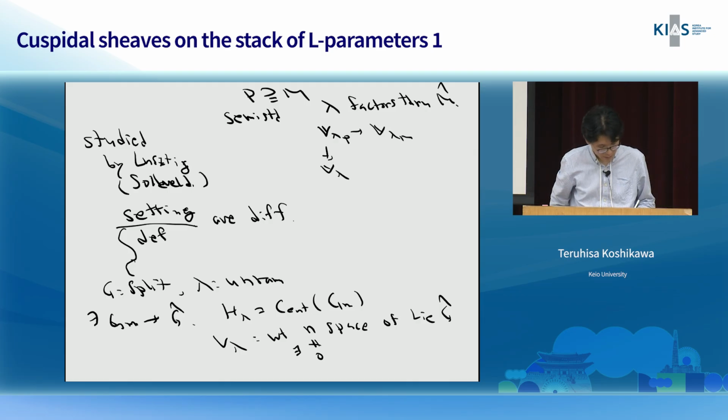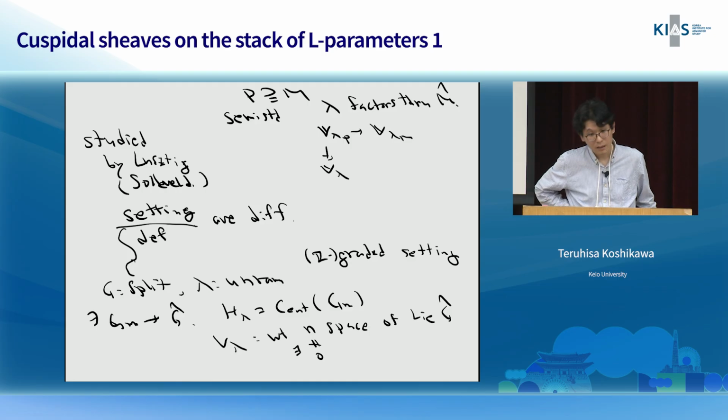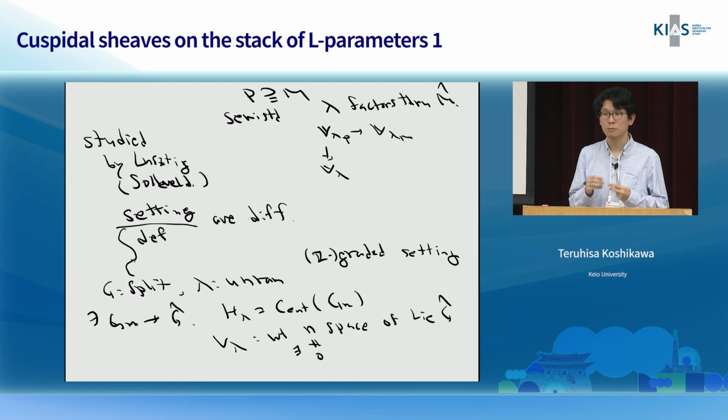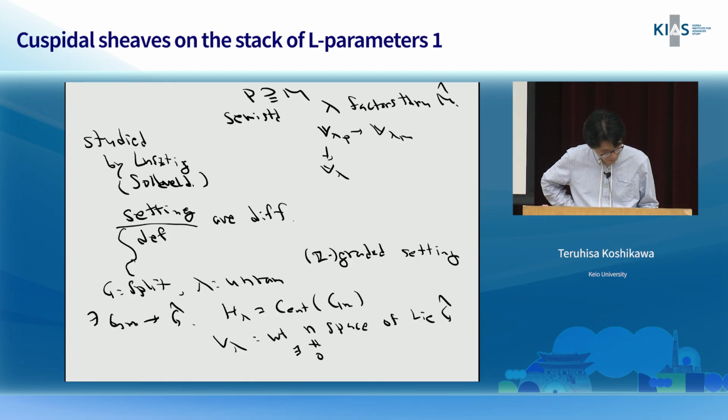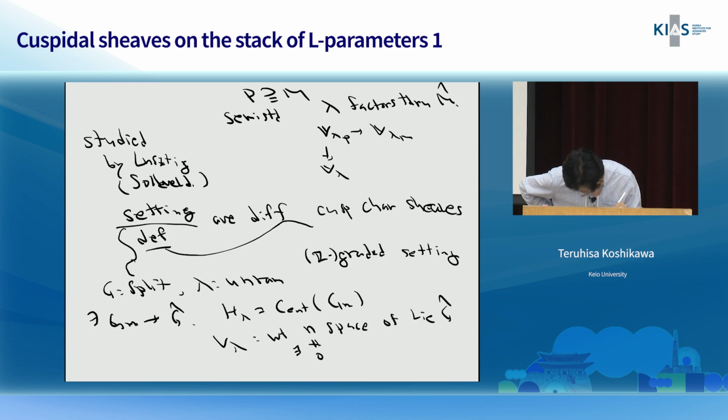And I guess some people call this a graded setting. So Lusztig basically studied the character sheaves in the graded setting. His actual definition uses character sheaves on the whole Lie algebra.